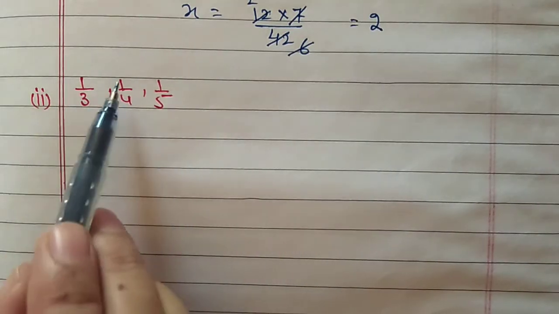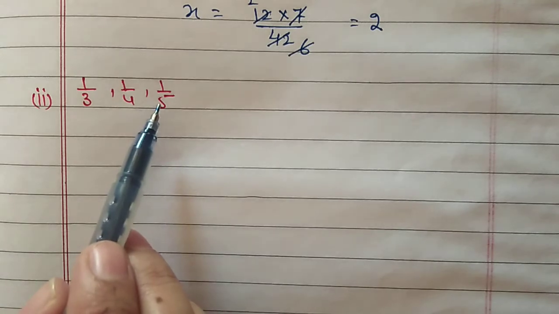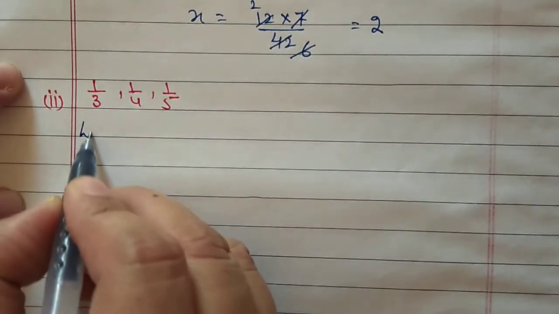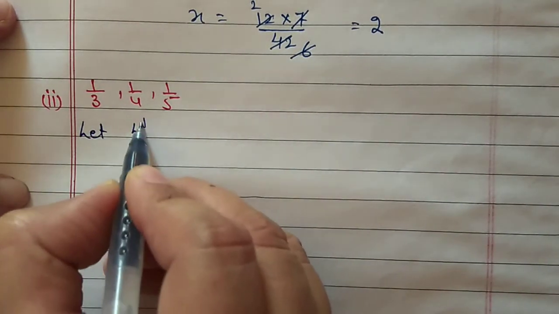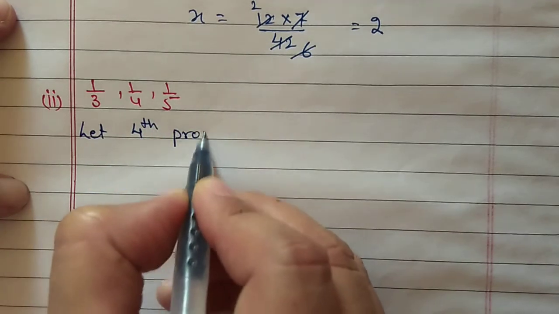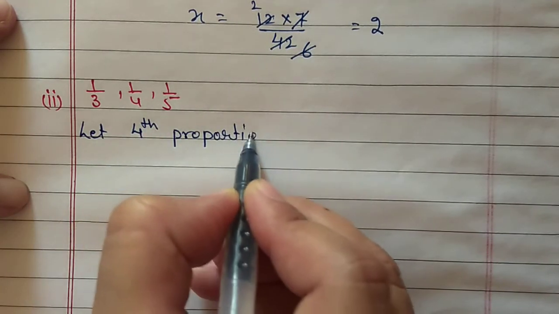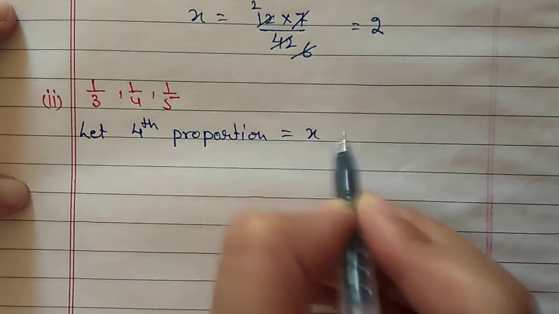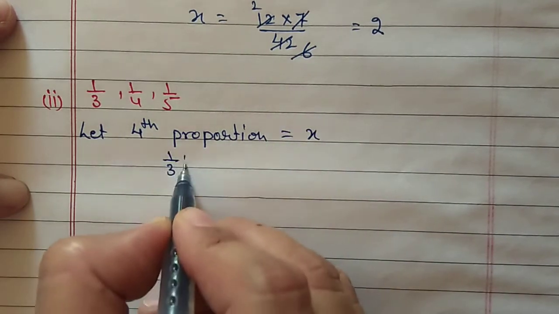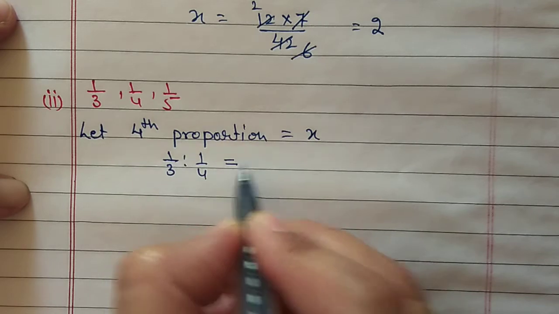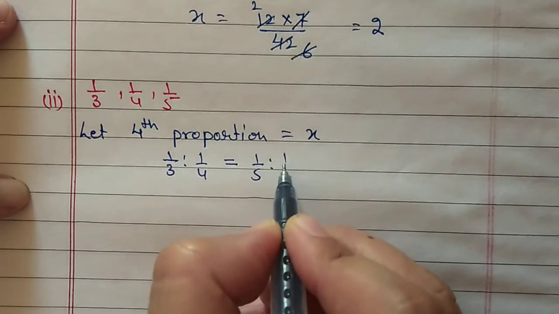Second part, 1 by 3, 1 by 4, 1 by 5 is given. So let the fourth proportional be x. Then we can write 1 by 3 ratio 1 by 4 is equal to 1 by 5 ratio x.